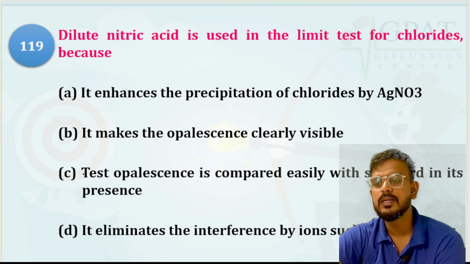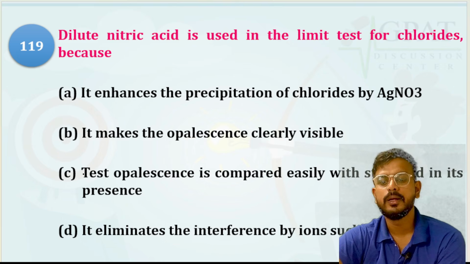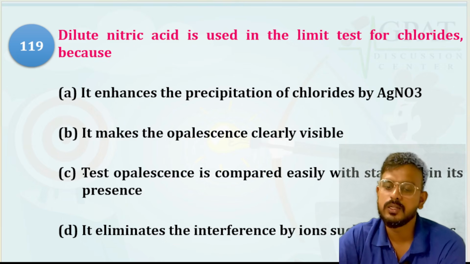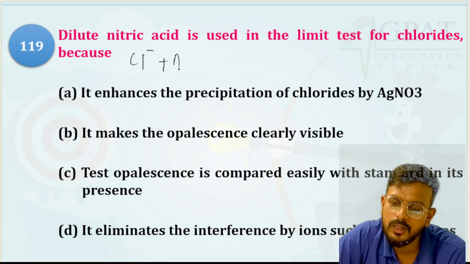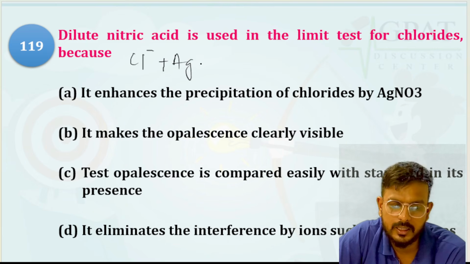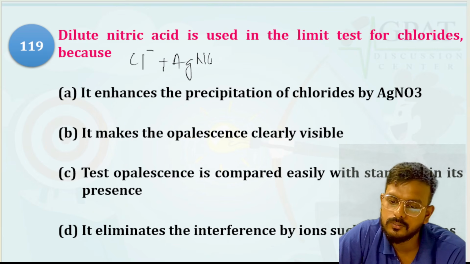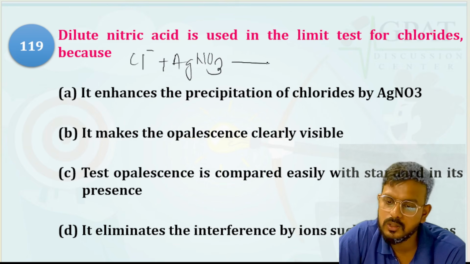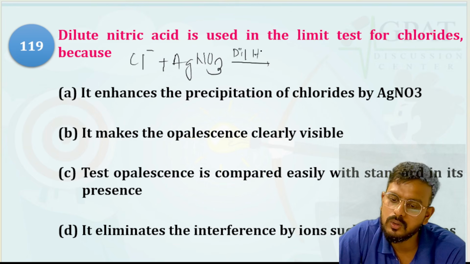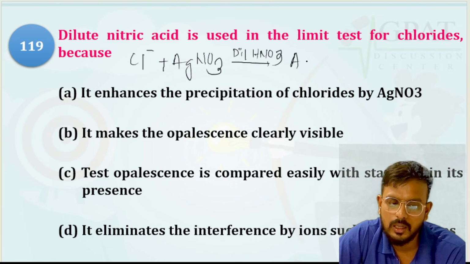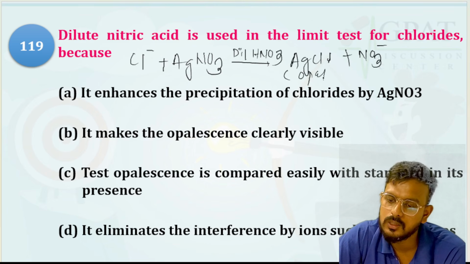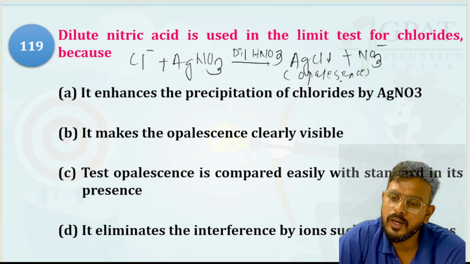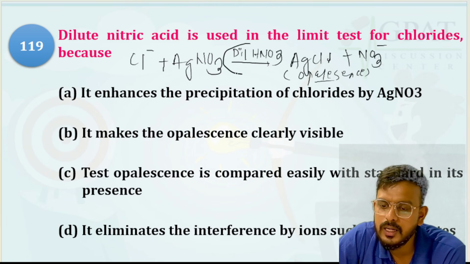Dilute nitric acid is used in the limit test of chloride. Why do we use dilute HNO3? In the limit test of chloride, Cl minus reacts with AgNO3 in the presence of dilute HNO3, and AgCl is formed plus NO3. This AgCl gives opalescence. The question is why this dilute HNO3 is used.